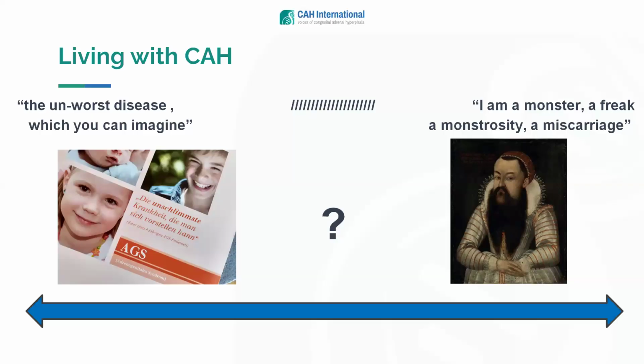And when I saw this painting of this woman, I thought, oh, that might be a woman with CIH, not having survived without adrenal crisis growing up. And the quote I put above this picture, they are very strong words, and those words touch me very much.